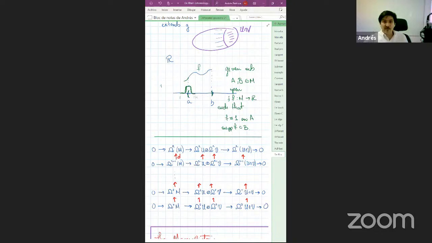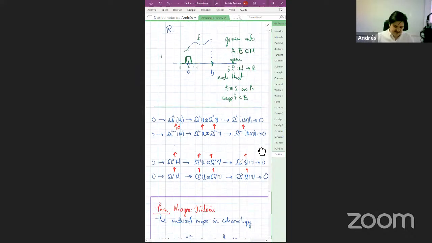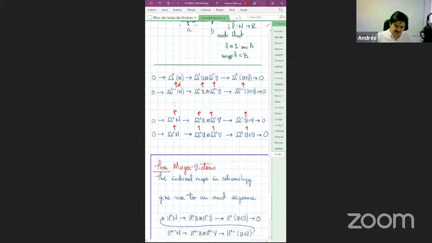Now, the way that cohomology enters is on the vertical lines, because that's the d. So, by a result of linear algebra or algebraic topology, which is called the, no, it's not the Phi lemma. But all of this induces a single exact sequence in cohomology. And that's the Mayer-Vietoris sequence.